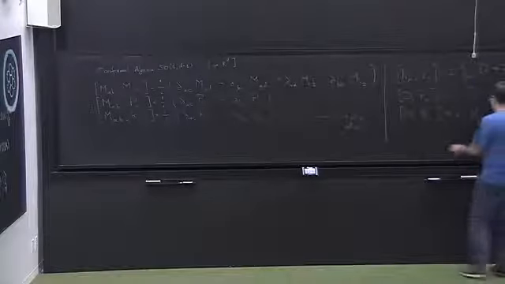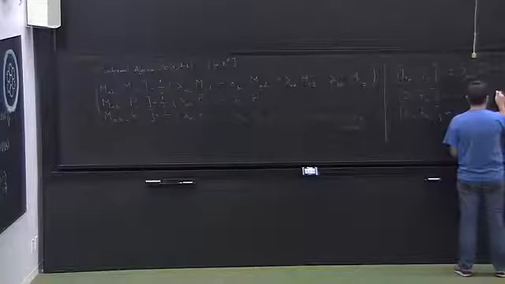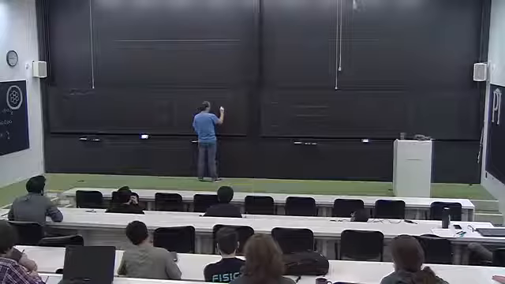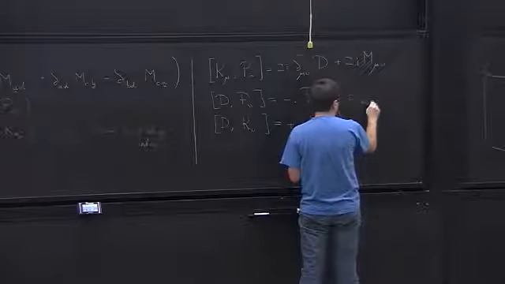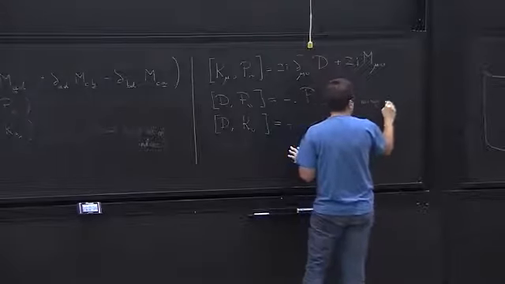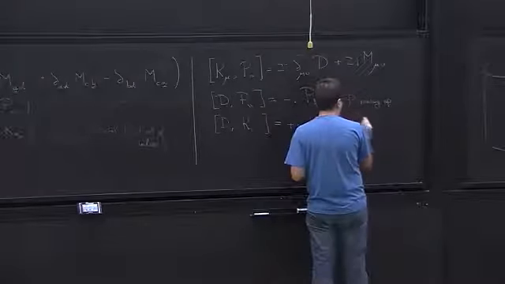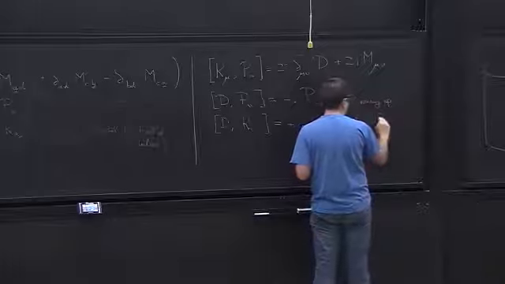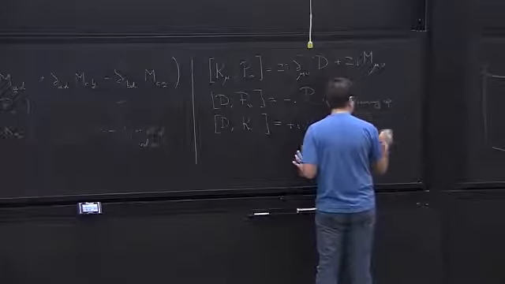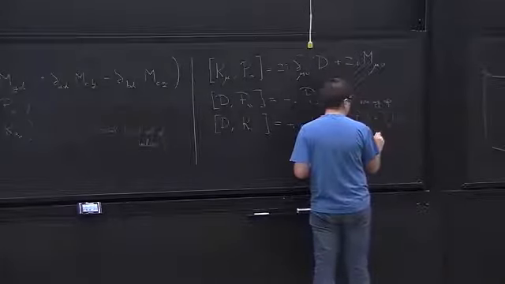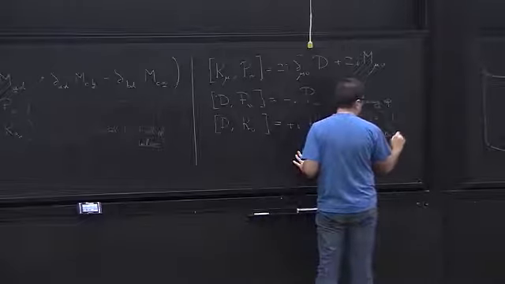This here tells me, as we discussed yesterday, that P is like a raising operator, meaning that P_mu acting on O, which would be d_mu O, has dimension delta plus 1.